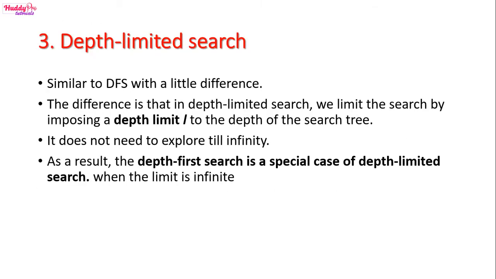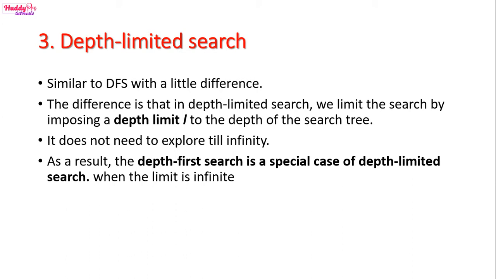Now let's look at number 3, the depth limited search. So the previous one was depth first search, but this one is depth limited. Now this search strategy is similar to the depth first search, but with a little difference. The difference is that in depth limited search, we limit the search by imposing a depth limit L to the depth of the search tree.